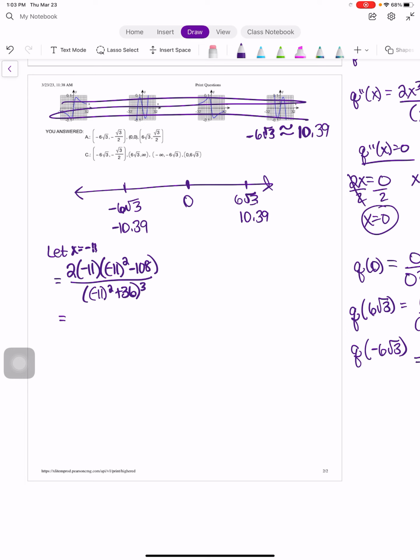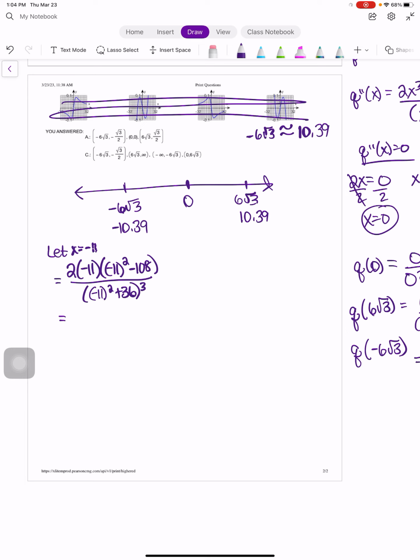So I have negative 11 squared minus 108, which is 13, and I have 2 times negative 11 times 13.